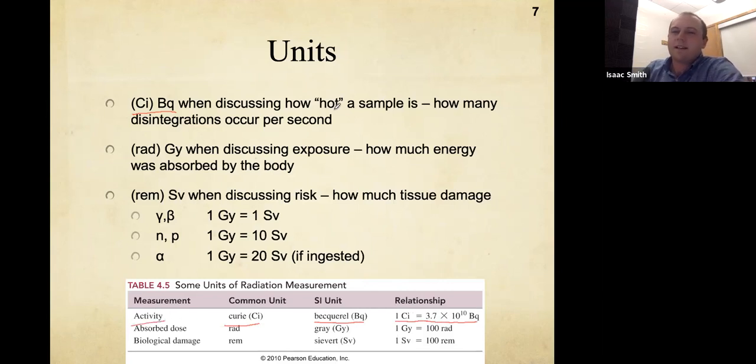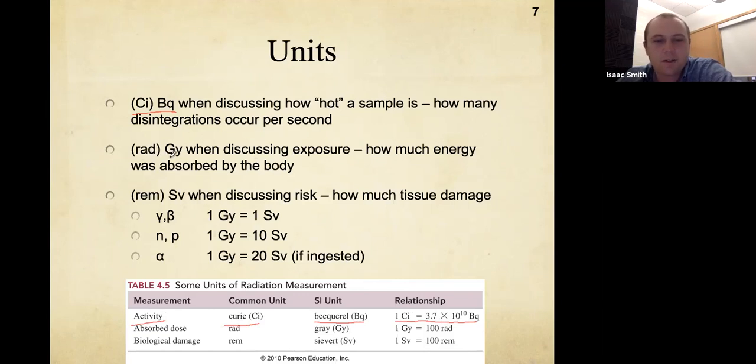So like a Geiger counter, the more frequent the clicks are on a Geiger counter, the more curies that measurement would go up. So it's saying how many disintegrations occur per second is the unit. So you can think about it as like how many clicks on a Geiger counter per second or something like that.